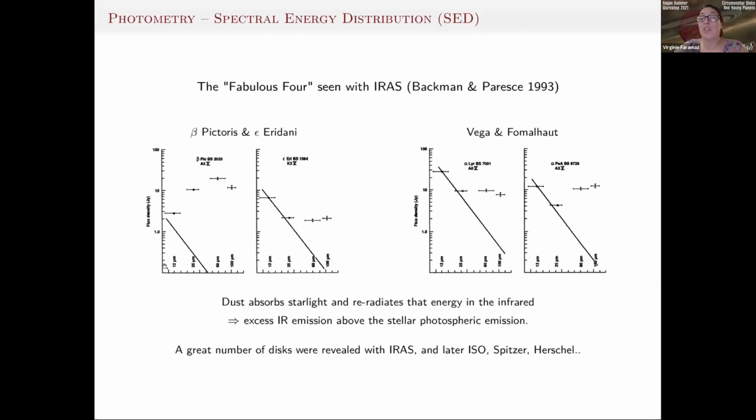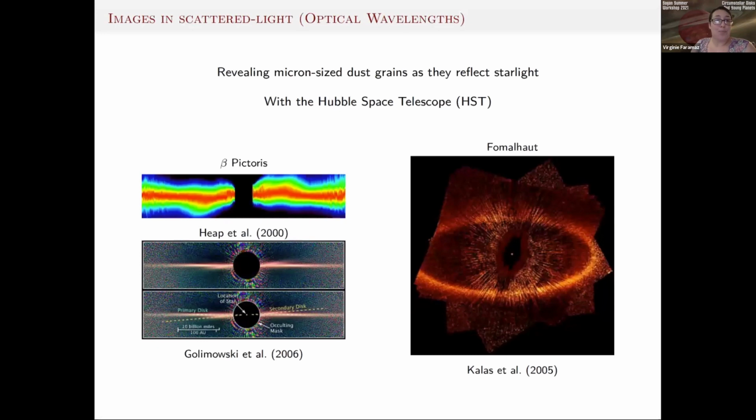This is called an infrared excess, and it tells you there is dust around your star. A great number of disks were revealed with IRAS and plenty of other facilities later: ISO, Spitzer, Herschel, and the list is certainly not exhaustive. So this is one of the tools that we use to detect and characterize disks, but we also use images.